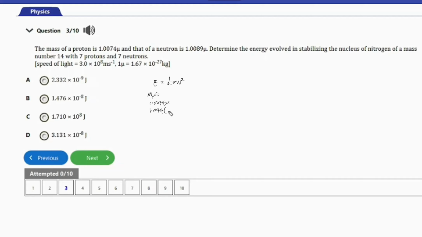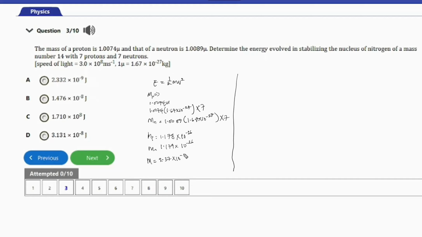So guys, with this, we will have the mass of the proton to be 1.178 times 10 to the power of negative 26, and that of the neutrons to be 1.179 times 10 to the power of negative 26. So guys, if we add these two numbers together, we're going to have the mass of this nitrogen, and adding this together we have about 2.37 times 10 to the power of negative 26.